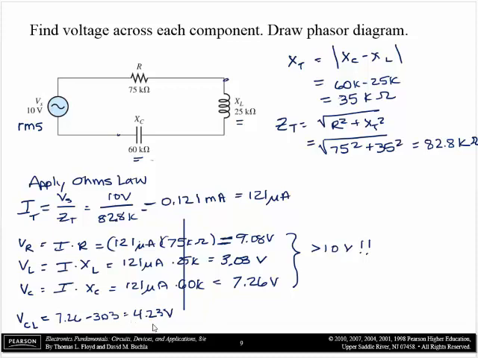Well, 4.23 volts plus 9.08 volts still does not total up to V source. So what do we really have to do? We have to consider the phase angle that exists between all of these components to get the correct total voltage.